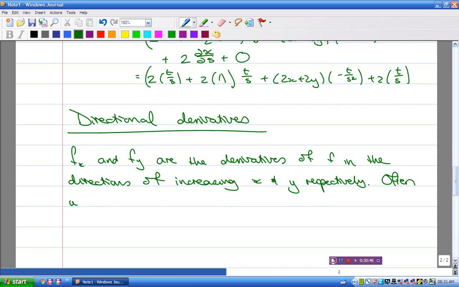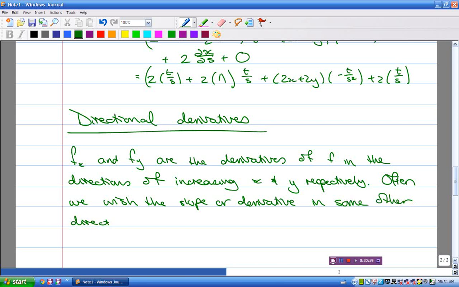Often, we wish to know the slope or derivative in some other direction. These are called directional derivatives.